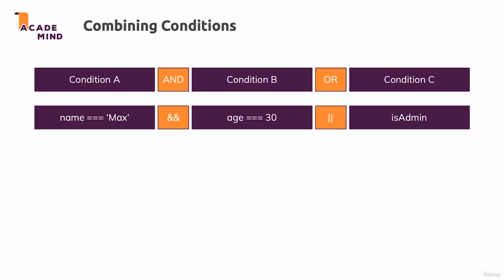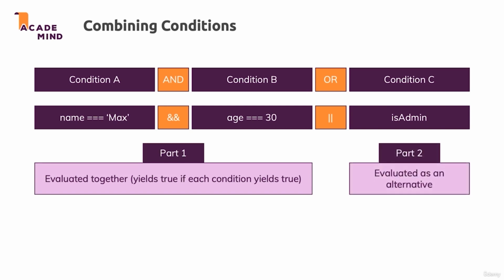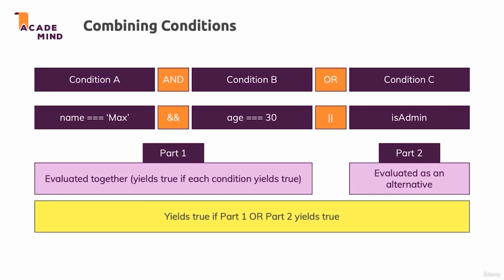So in that case, the condition A and B would be evaluated together, and only if both yield true, this combined condition here yields true, and the alternative with the OR is evaluated separately. And therefore, this overall condition, where you combine these three conditions together, would only yield true if part 1 or part 2 yields true.